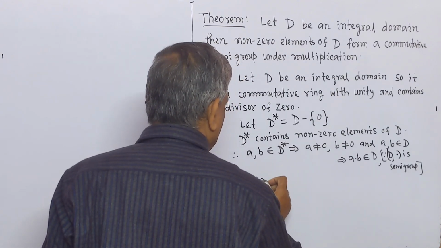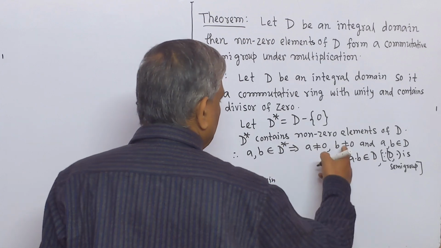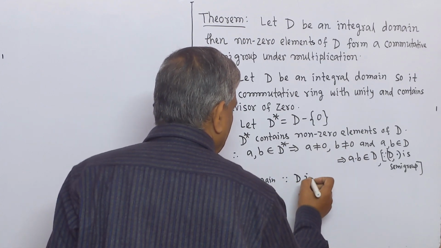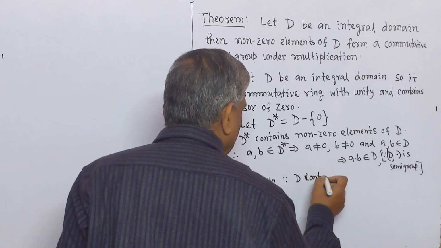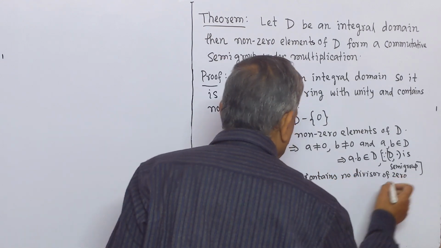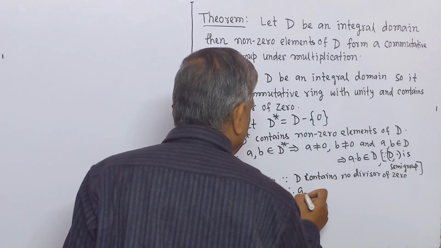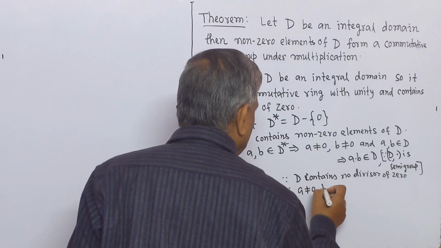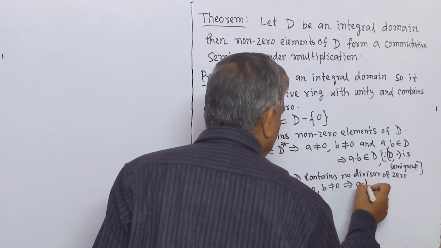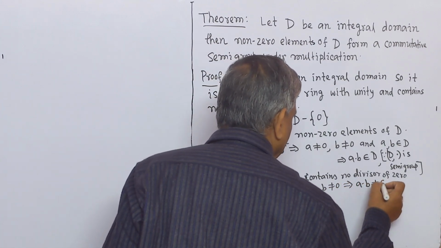Again, since D contains no divisor of 0, therefore a not equal to 0, b not equal to 0 implies that a multiply b not equal to 0.